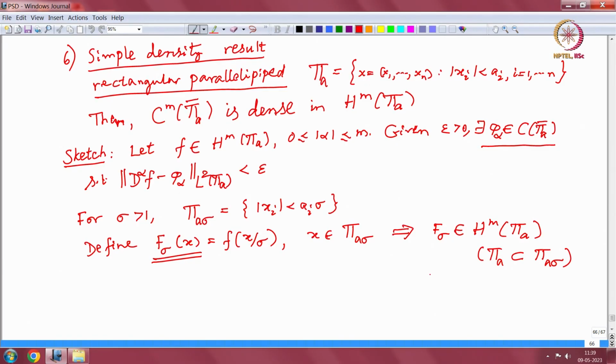For that purpose, we are trying to find a function defined in a slightly larger domain, namely Pi_(sigma a) for sigma bigger than 1, and we define f_sigma(x) equal to f(x/sigma). Our idea is to prove that, for choosing sigma appropriately, f_sigma is close to f in the H^m norm.